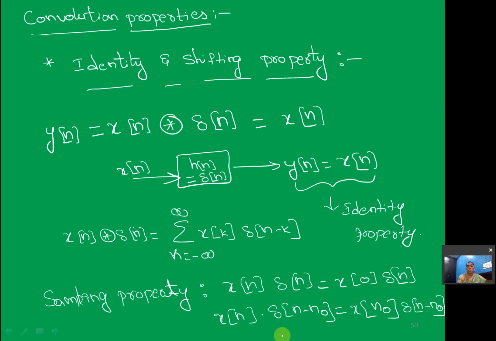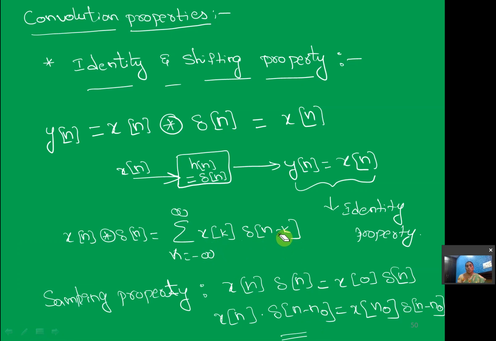So based on this property, x of k which is multiplied by del of n minus k, what is that? Tell me from this property.